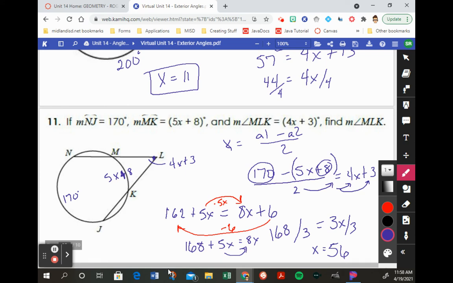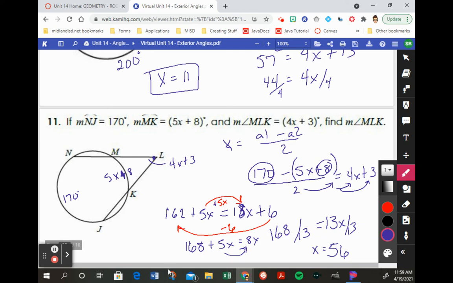Okay, so this would be a plus 5x. So that would be a 13 over here. 13. 168 divided by 13. Nope, that's not right.